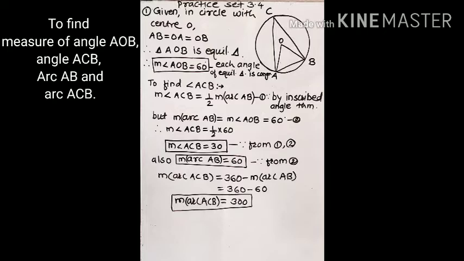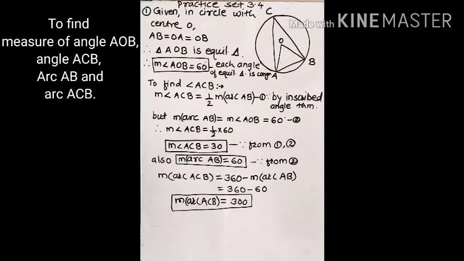Therefore, the measure of arc AB is equal to the measure of angle AOB, that is 60, and that's why the measure of angle ACB is half of 60, that is 30. So our third point, to find the measure of arc AB, is also covered here. We found the measure of arc AB is 60.